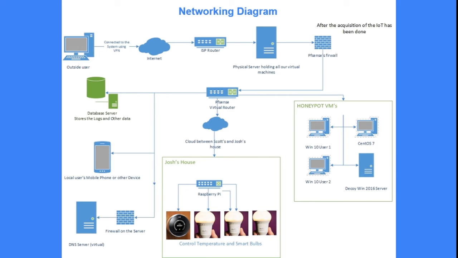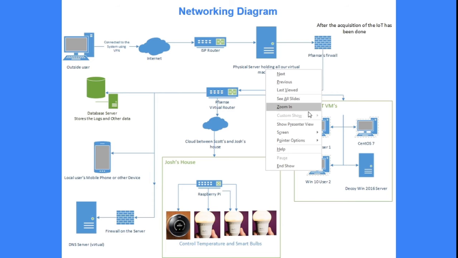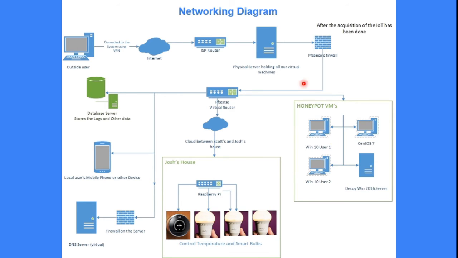The physical server holds the virtual machines for the database server, the pfSense, and the DNS server, and this also has the Active Directory and stuff running on the DNS server there. And then it also holds all of the VMs for the honeypot. So we basically have created two identical networks running in VMware that use LAN segments, allowing all of this to work.